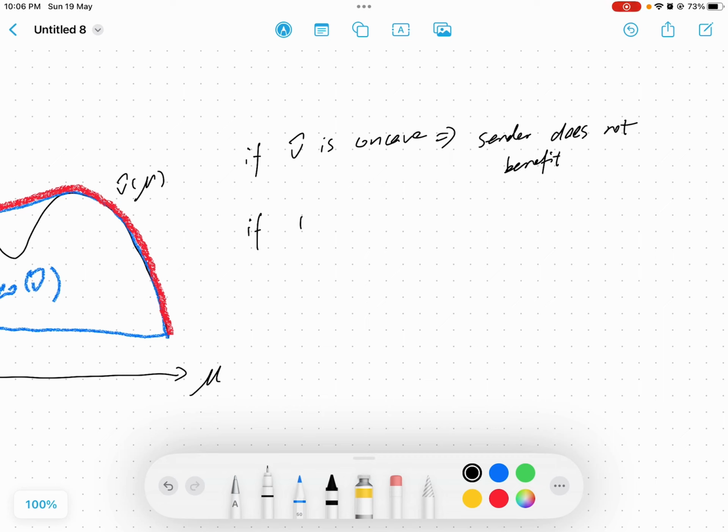But if v hat is convex and not concave, then the sender can benefit, right?